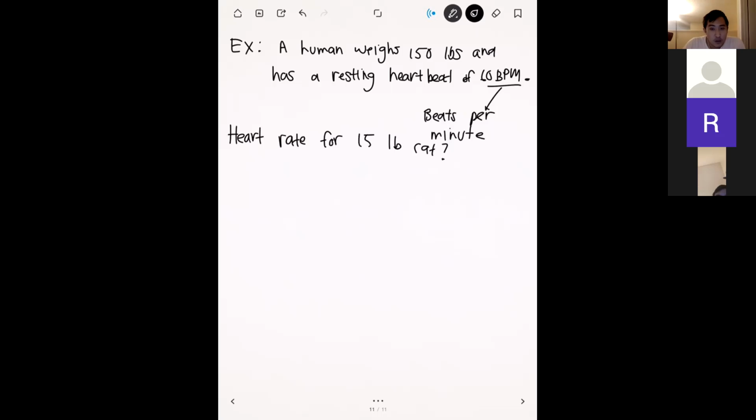All right, and so to solve this, we're going to use our allometric relationship power law that we saw before. Oh, 210. Wow, that's pretty high. You should probably get that checked out, unless you were exercising. If you're exercising, that's a little bit better, but still a little bit high. Okay, and so from the previous page, we know that the B value for heart rate is -1/4.